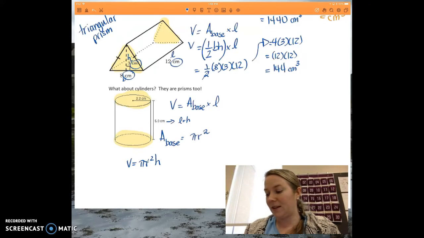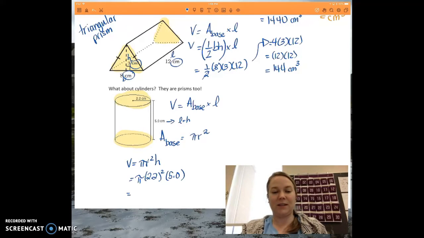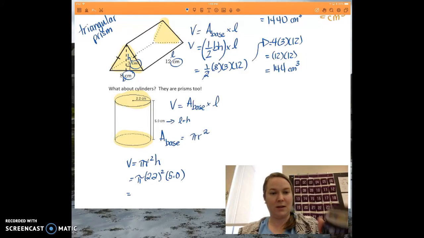So let's calculate. Pi, what is the radius, is 2.2 squared, and height is 5.0. Let's calculate that out. 2.2 squared times 5 is 24.2 times pi.